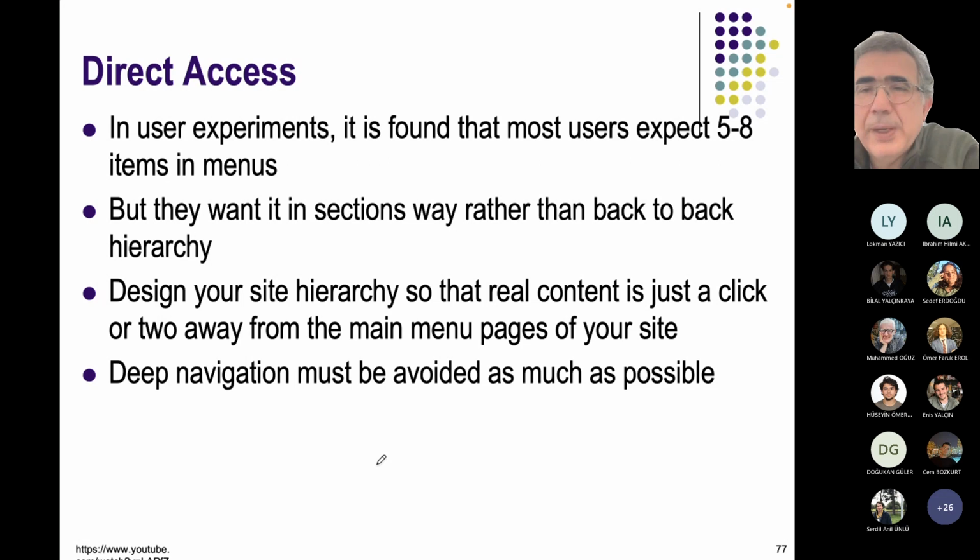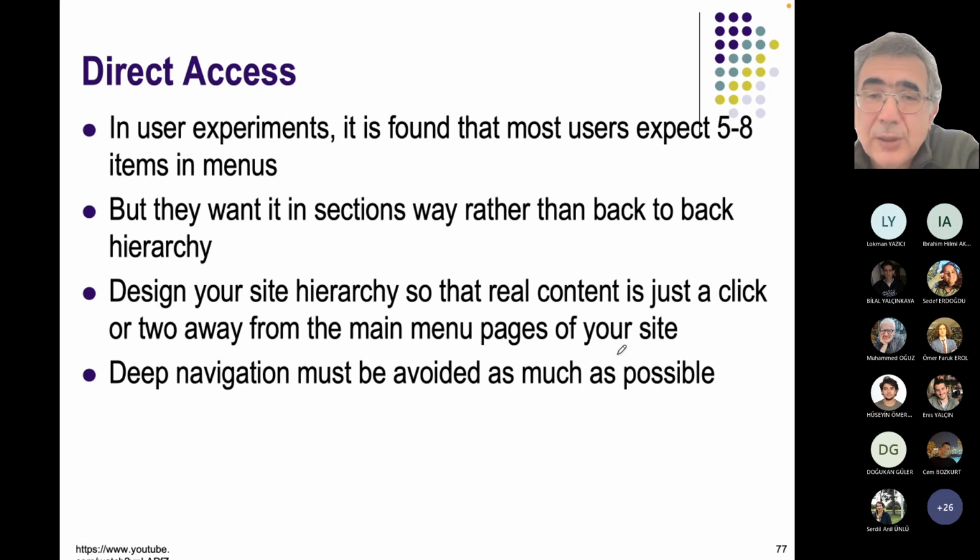Most users expect 5 to 8 items in the menus, which is related to the 7 rule for short-term memory. Therefore, they want it in sections rather than a back-to-back hierarchy. So design the site hierarchy so that the real content is just a click or 2 clicks away from the main page, with 5 to 8 items in each menu.